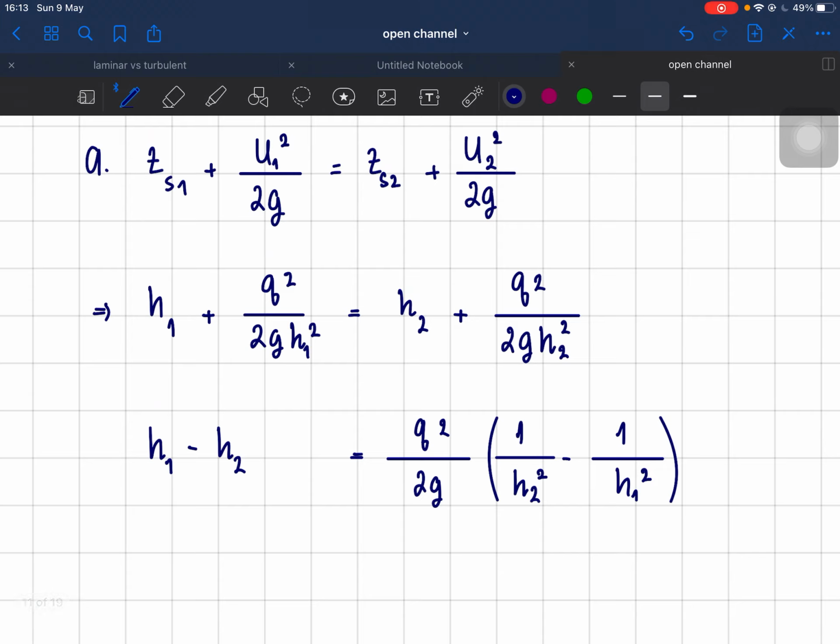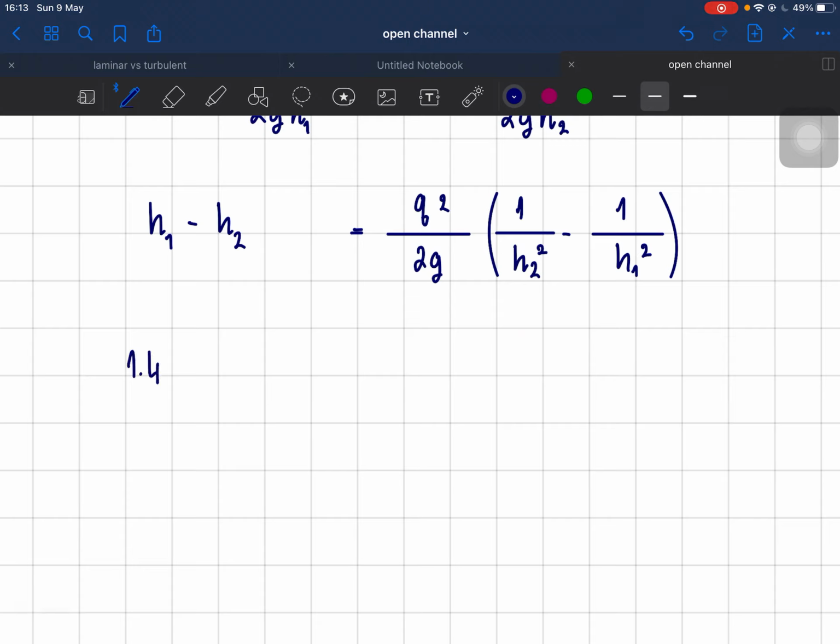So now we have 1.4 minus 0.25 equal to q squared over 2 times 9.81, times (1 over 0.25 squared minus 1 over 1.4 squared).